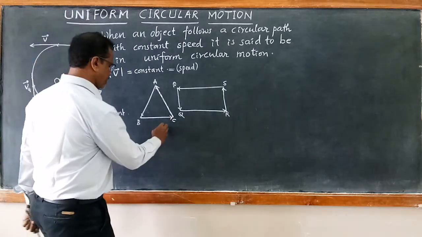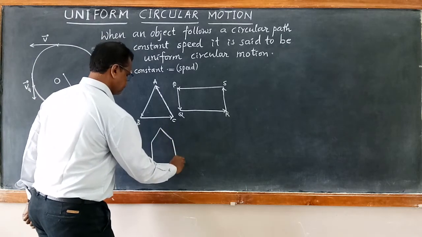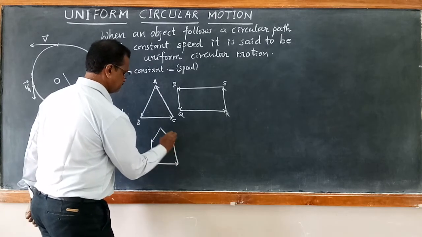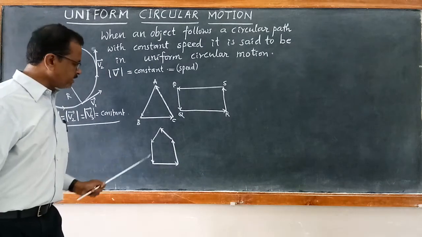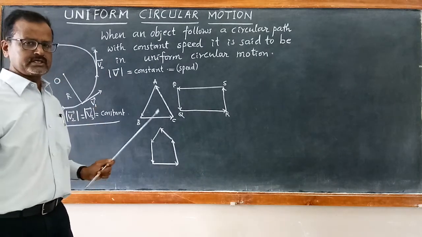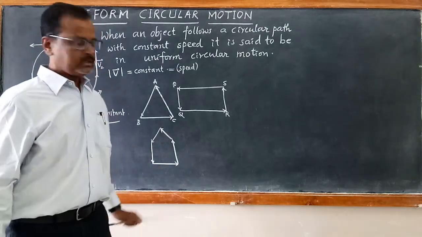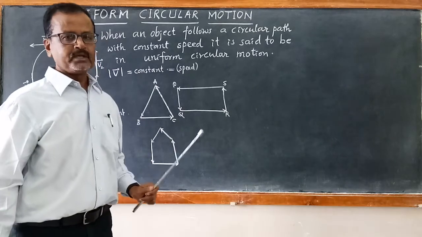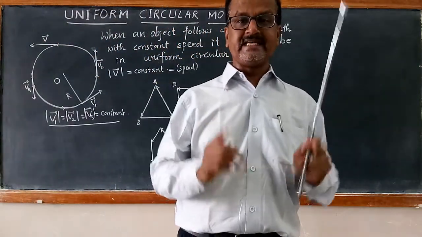If it is a pentagonal track, you will change the direction five times. Even if you are running with the same constant speed, the velocity changes five times: V1, V2, V3, V4, V5. If it is a hexagonal shape, you will change the velocity six times.